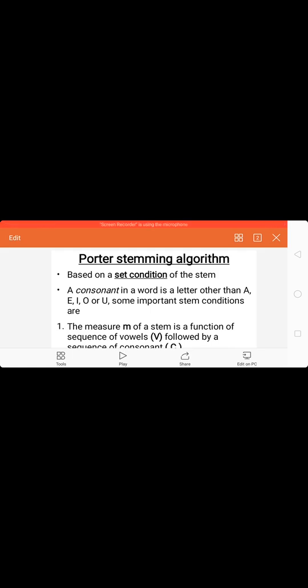Some examples of these stem conditions: first, the measure m of a stem is a function of sequences of vowels, which are a, e, i, o, u, followed by a consonant. If v is a sequence of vowels and c is a sequence of consonants, then m is given as [C](VC)^m[V].